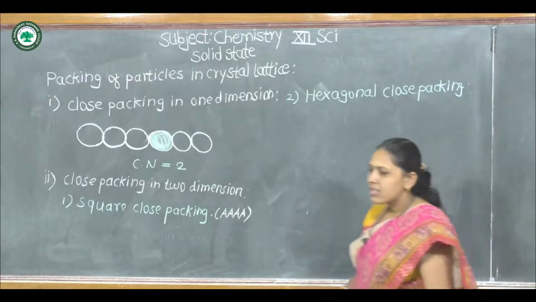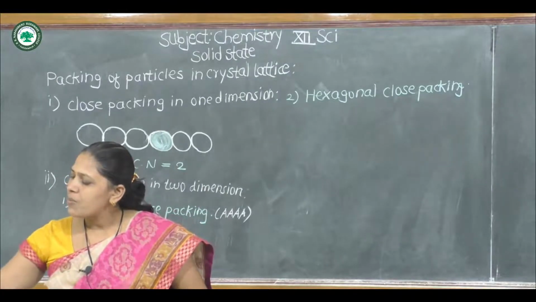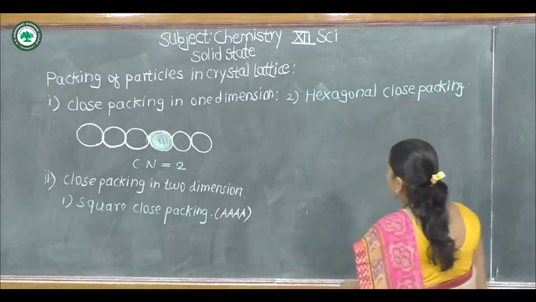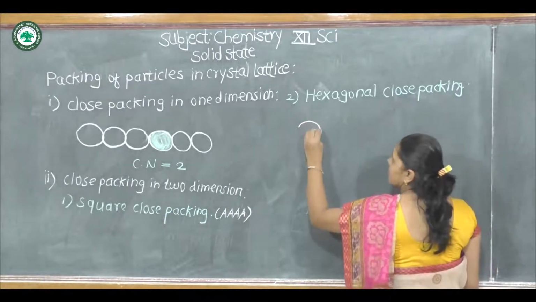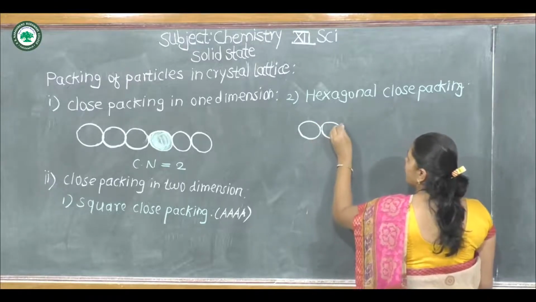What is the difference between square close packing and hexagonal close packing? See here, this is the first row, that is A type.